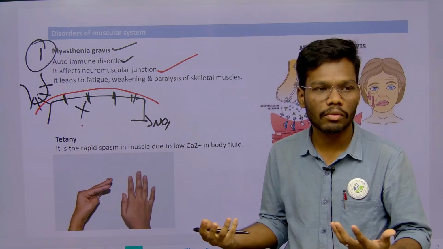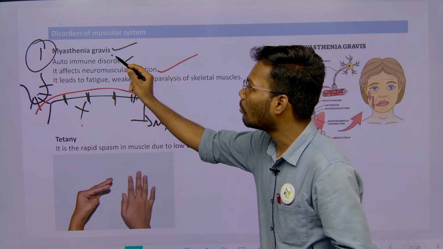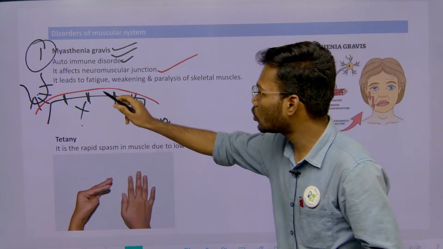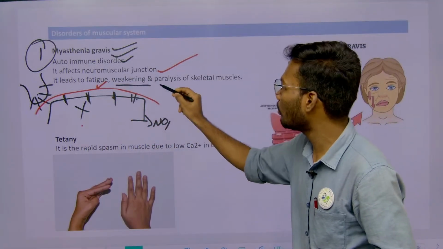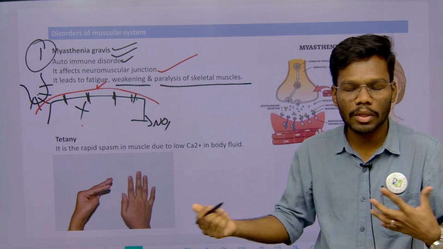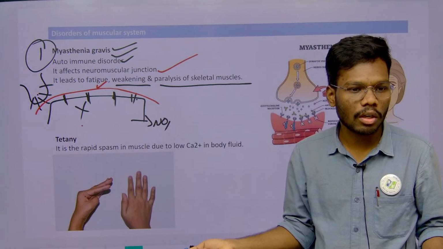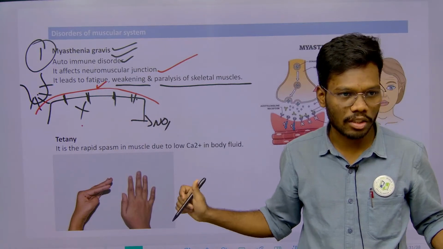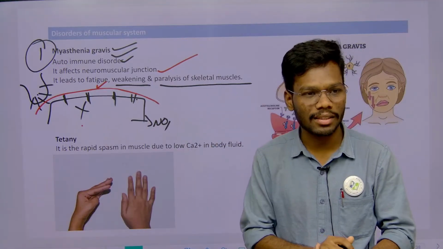That's how we have this disorder, myasthenia gravis. It leads to fatigue, weakening and paralysis of skeletal muscle. There will be no generation of action potential, and all the muscles will be in a relaxed condition. That stage is called paralysis.